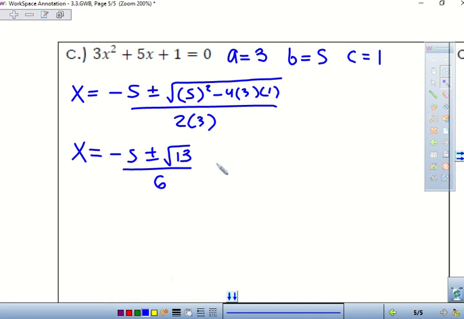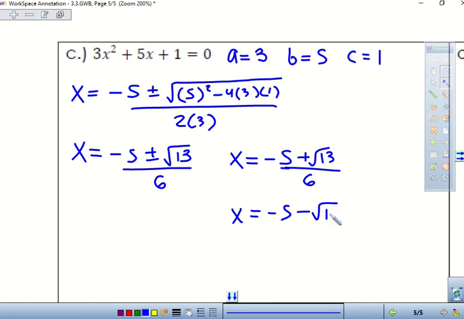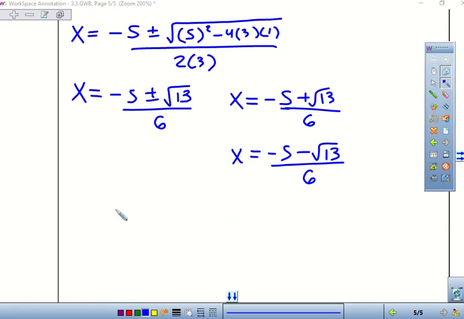So you can't simplify that anymore, but you could rewrite the two answers as x equals negative 5 plus radical 13 over 6, and also what? Negative 5 minus the square root of 13 over 6. So to write your solutions, you would write it like this, those two separate solutions.